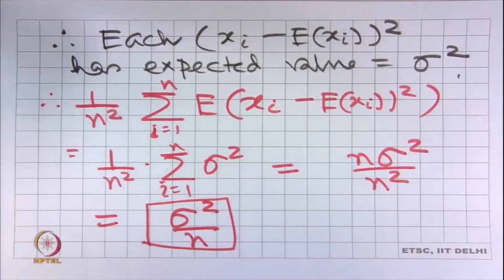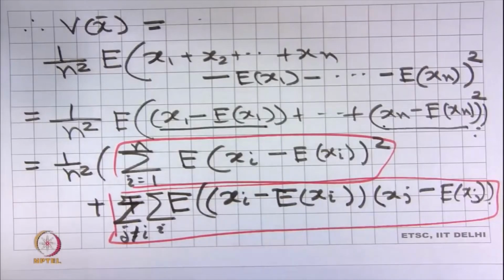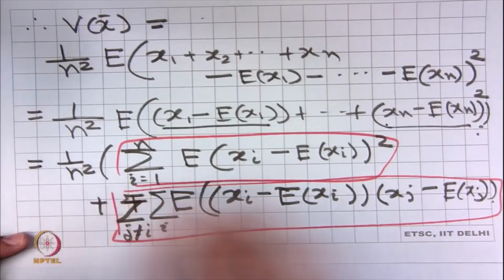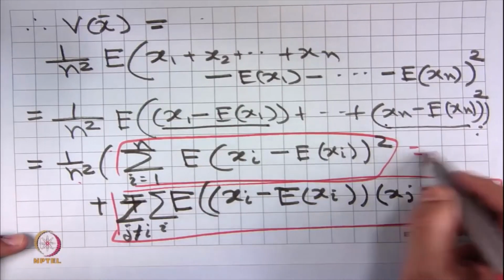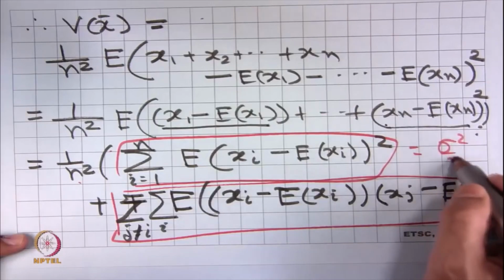So, if we go back to my old slide, you see this first term, when multiplied by 1 upon n square, is actually giving you sigma square by n.